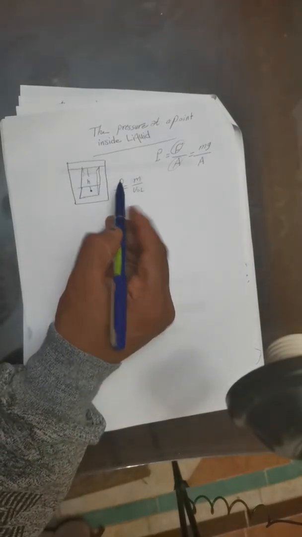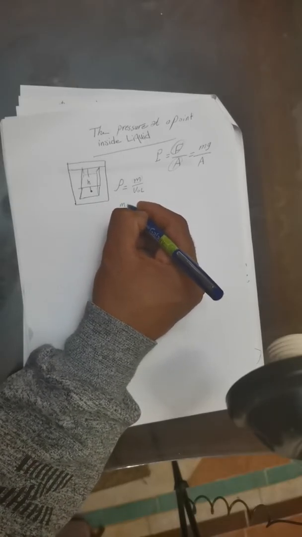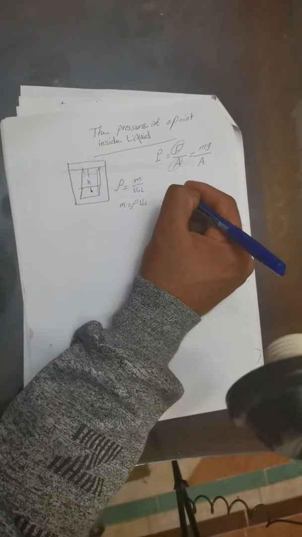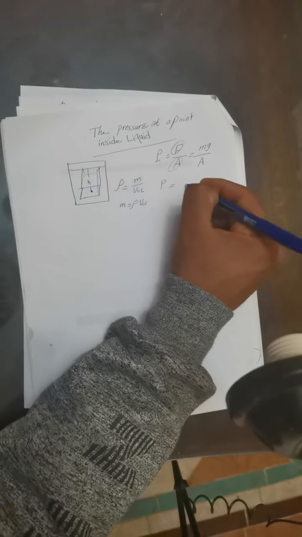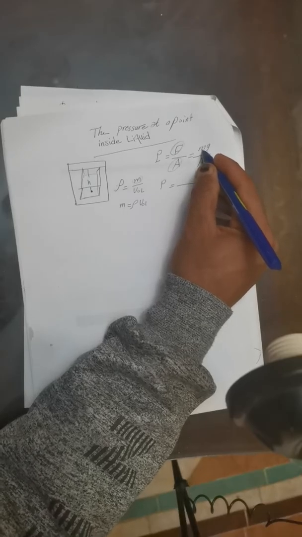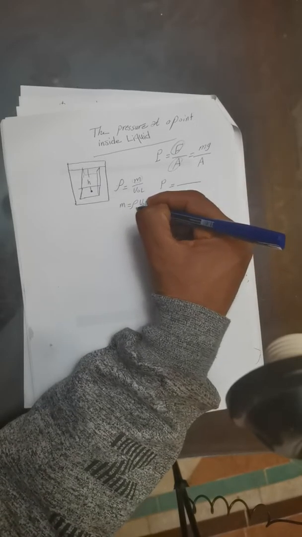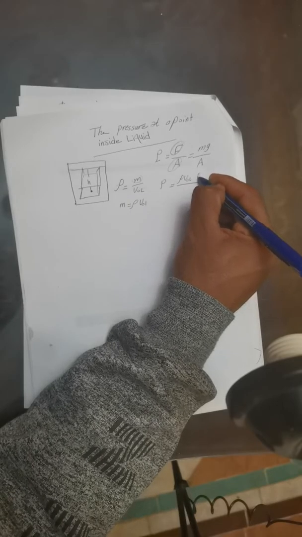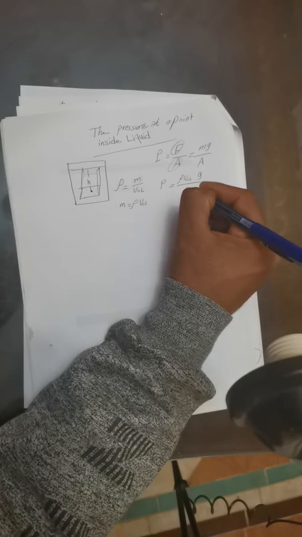So the mass will equal rho multiplied by volume. So the pressure equals, substituting mass by rho volume, multiplied by g over A.